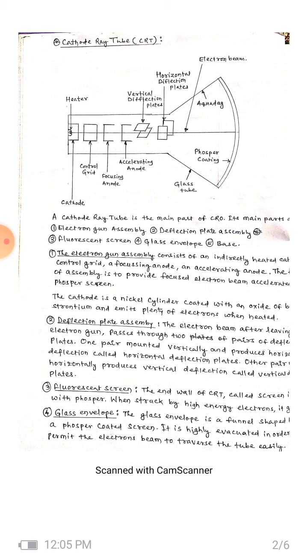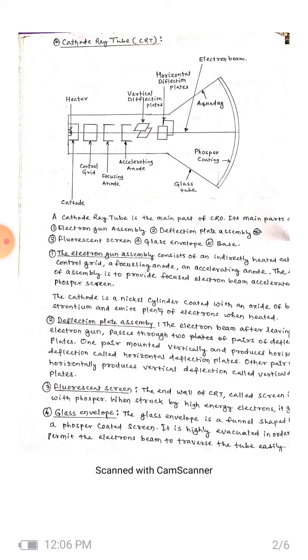A cathode ray tube is the main part of the CRO. Its main parts are the electron gun assembly, a deflection assembly, then a fluorescent screen, a glass envelope, and a base. First we are going to start with the electron gun assembly. The electron gun assembly consists of an indirectly heated cathode and a grid, a focusing anode, and an accelerating anode.